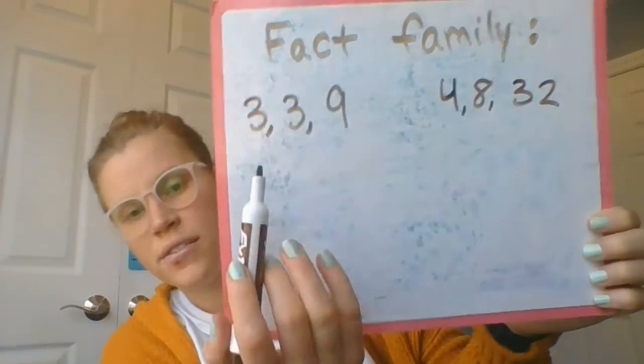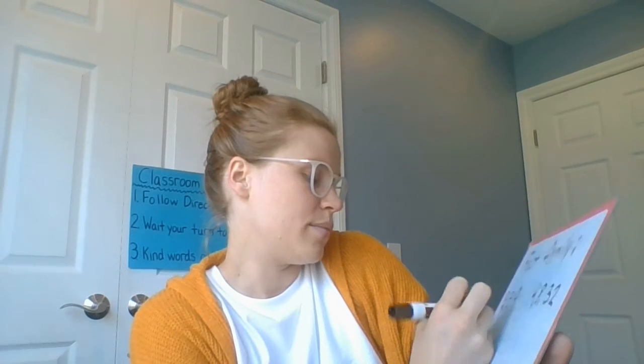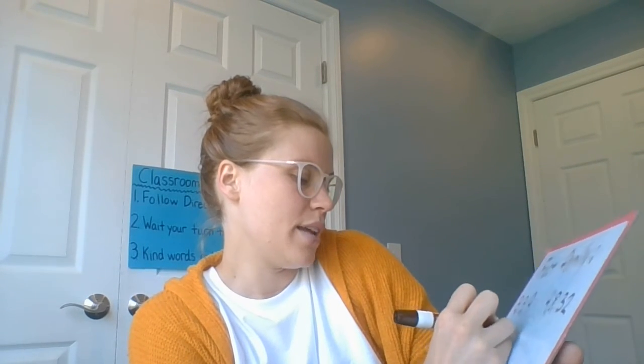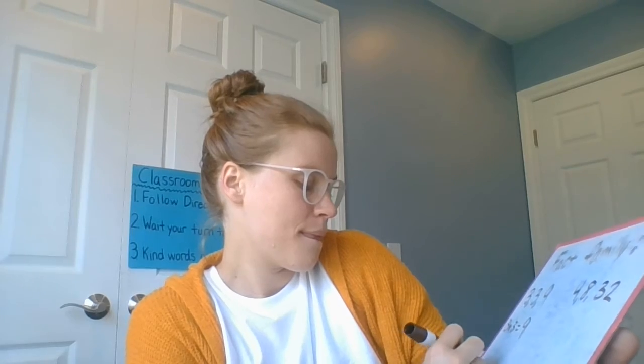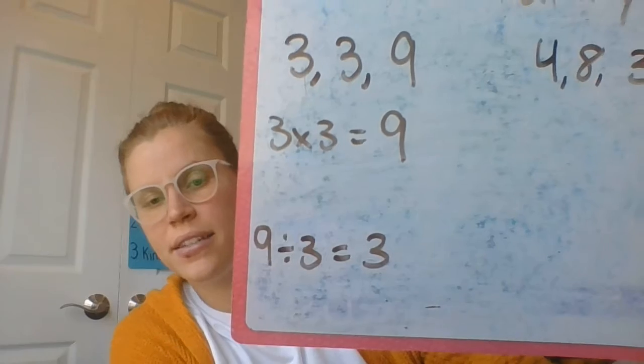So if we have the fact family 3, 3, and 9, I would know 3 times 3 equals 9. And 9 divided by 3 equals 3.